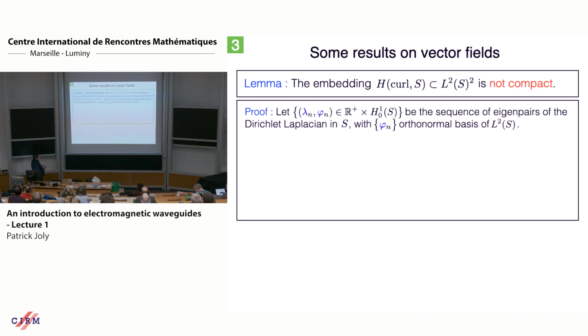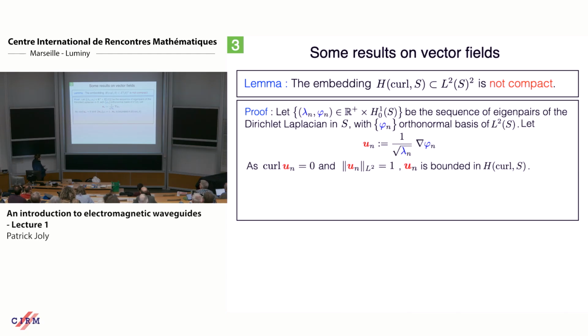For instance, to prove this, you can consider the sequence of eigenvalues of the Dirichlet Laplacian, and you consider a vector field which is the normalized gradient of the corresponding eigenfunction.